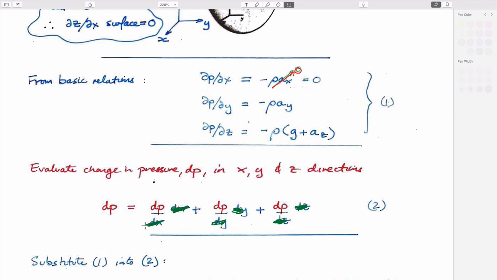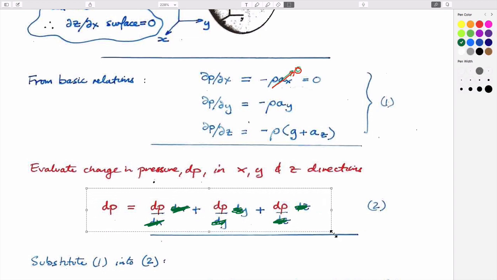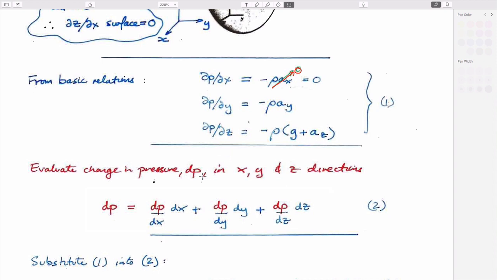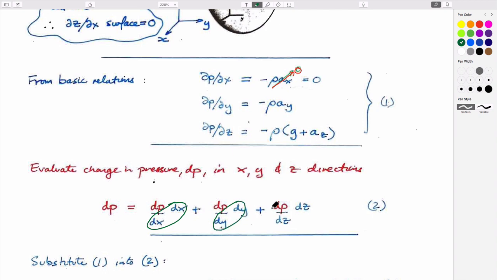So if we can write it in this form, with these as the components in each of the three coordinate directions, then we could just multiply this relationship by 1, which is dx over dx, this one by 1, which is dy over dy, and this one by 1, which is dz over dz.